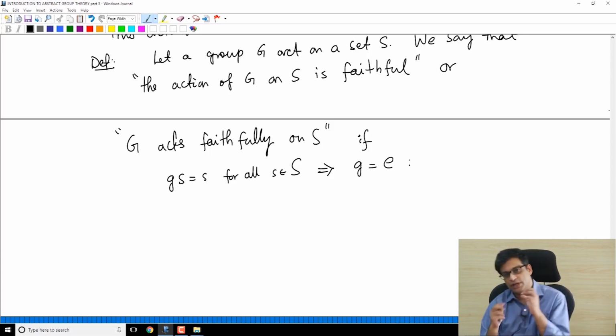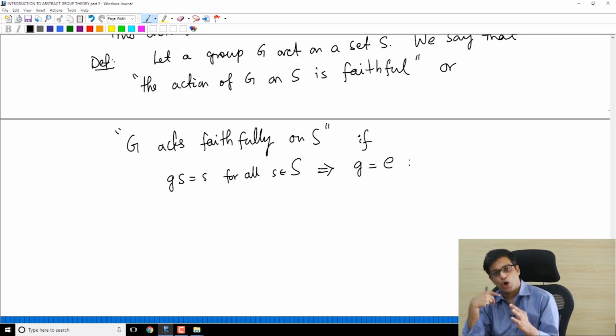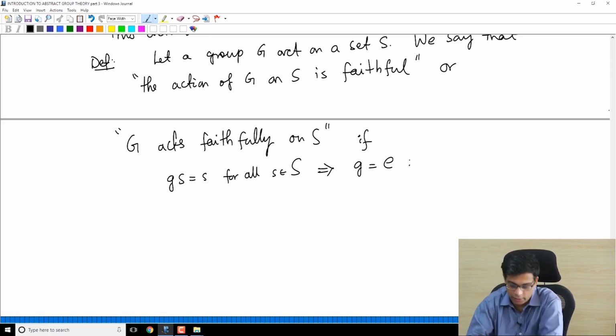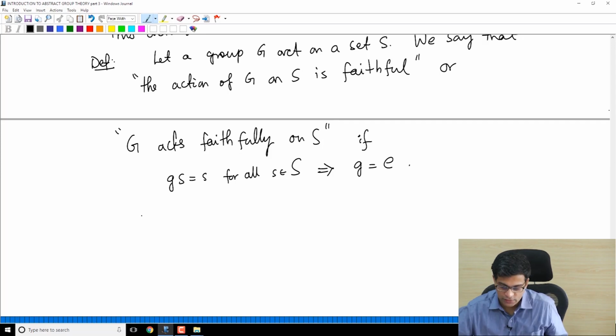So if g is an element of the group that fixes all elements in the set, then g is the identity element. This is an important class of actions.